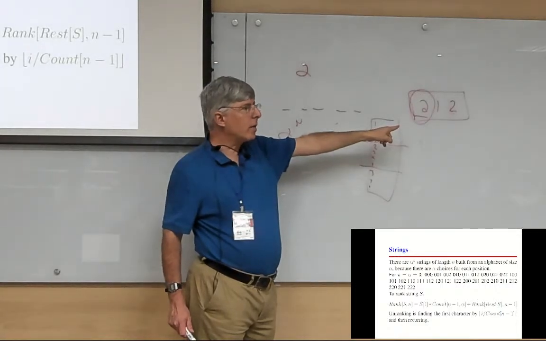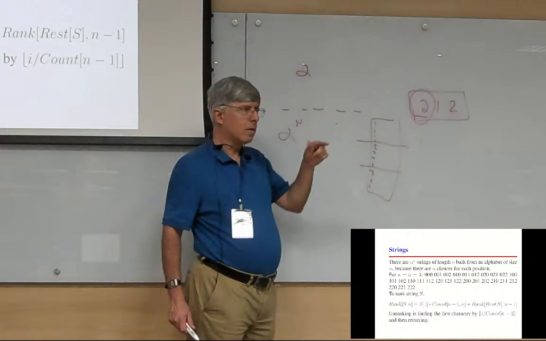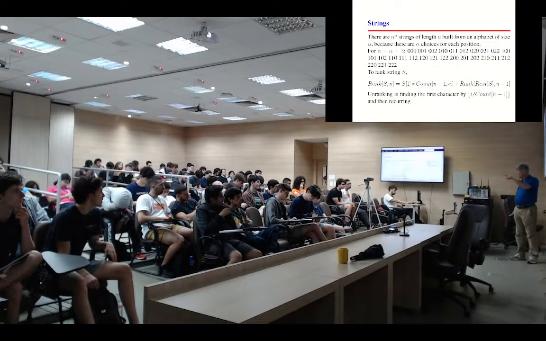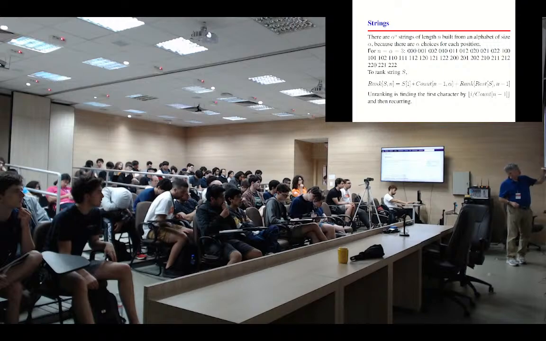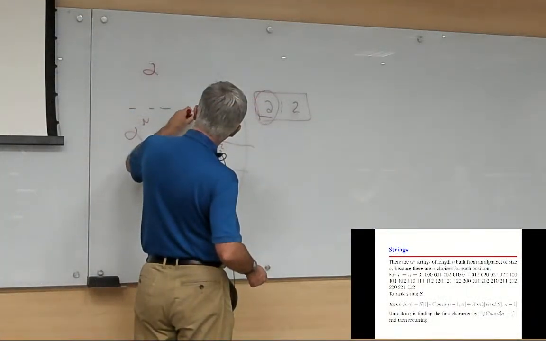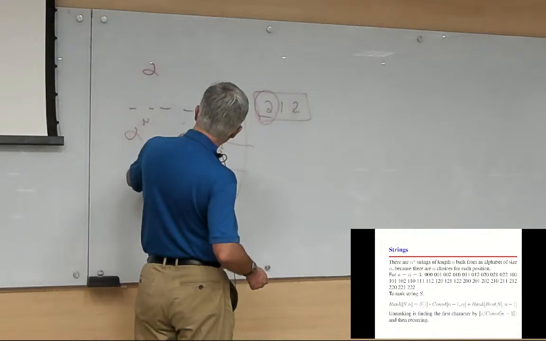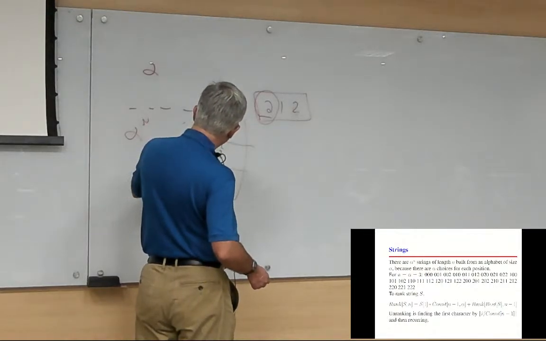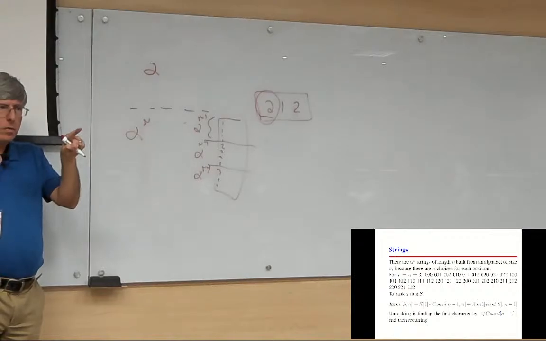How many strings are there going to be of length n that begin with 1? It's going to be alpha to the n minus 1. This chunk is going to be of size alpha to the n minus 1, alpha to the n minus 1, alpha to the n minus 1. Does everybody kind of see this?